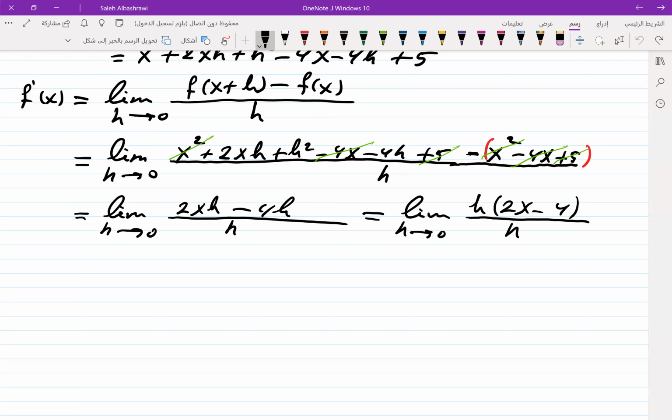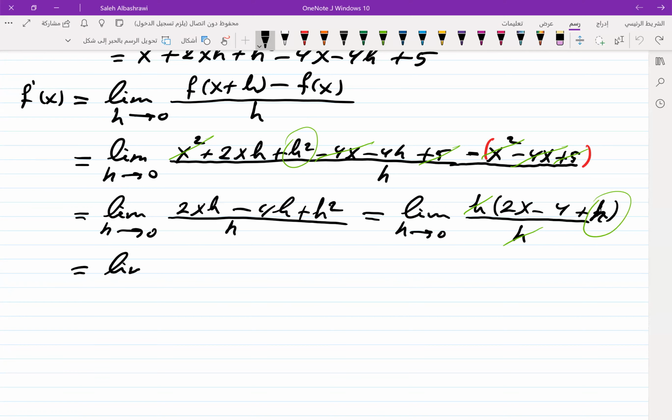So I forgot to write this h squared. That will be plus h squared, so this will be plus h. Now I have h as a common factor from the numerator. I will get h multiplied by 2x minus 4 plus h, where h goes to 0. So I will cancel h up with h down. And this h is equal to 0 as per the limit.